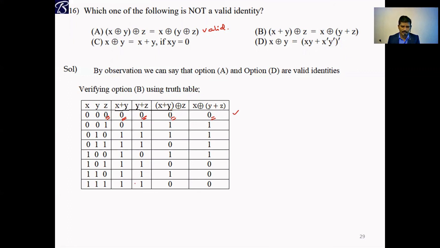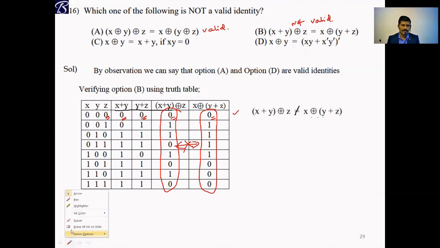Like that, going on doing this. Now check whether both are the same or not. So 0 1 1, this is not matched. That's why option B is not valid. Therefore option B is correct.